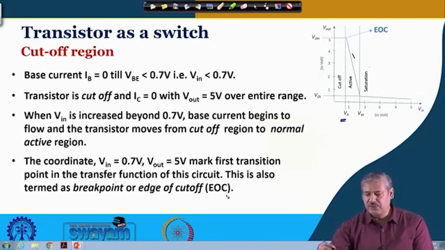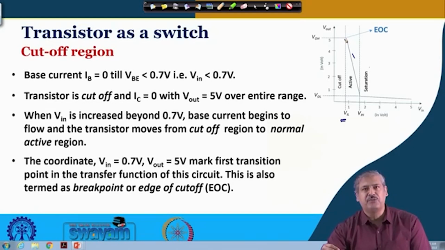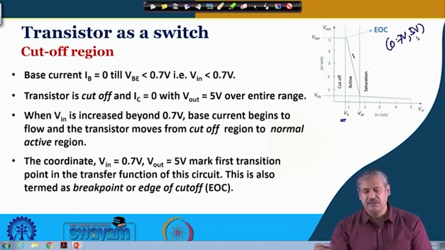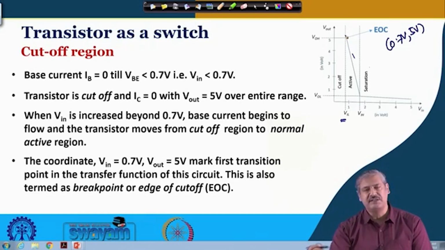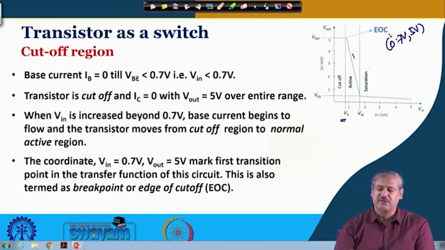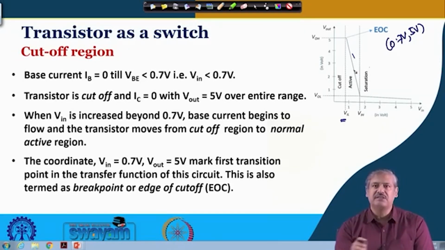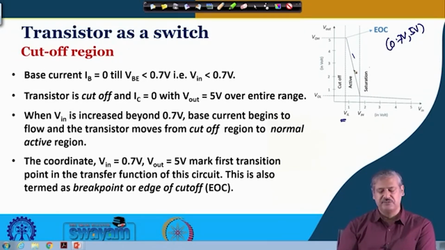So, the coordinate of this is 0.7 volt and 5 volt. This is also known as the edge of cutoff. That means at this point it is just coming out of cutoff. Is it clear?